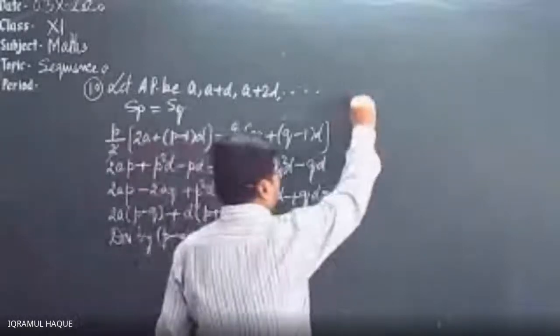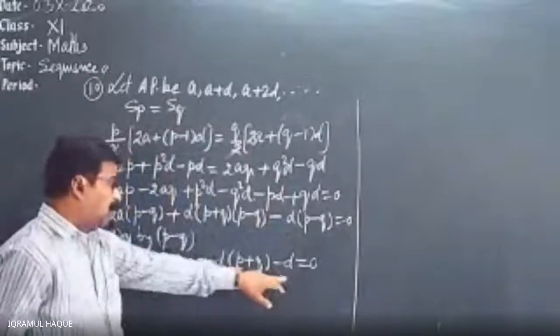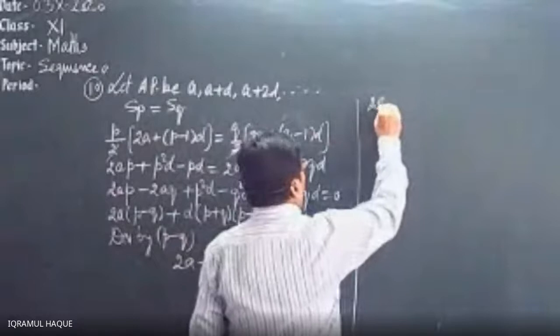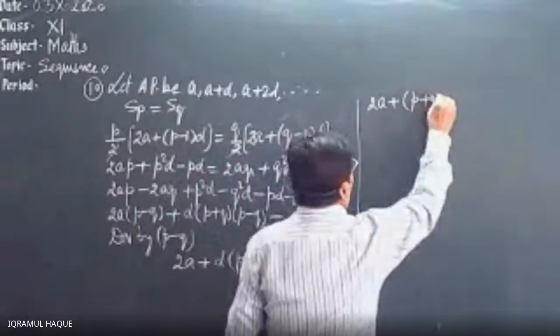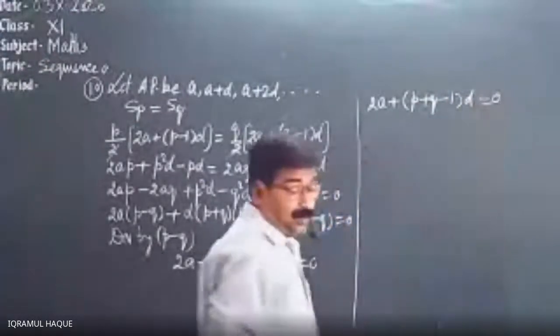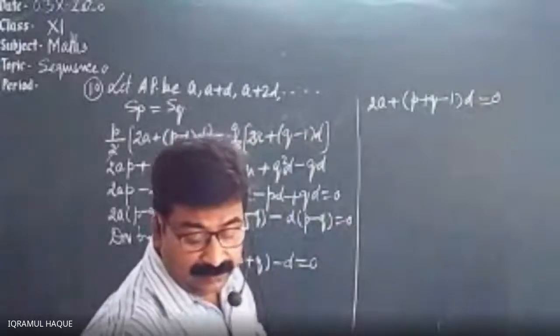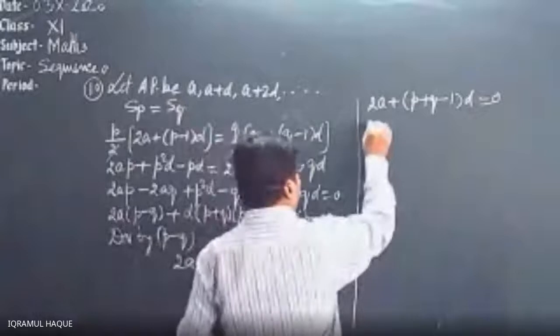See, here we have d and d common. So we have 2a plus d common, p plus q minus 1 into d is equal to 0. Finally, we have to find the value of sum of p plus q terms.